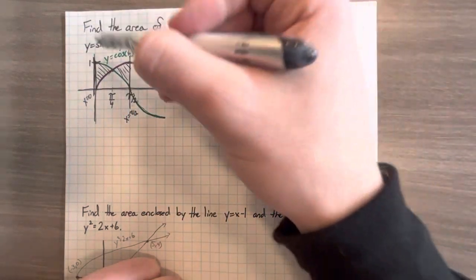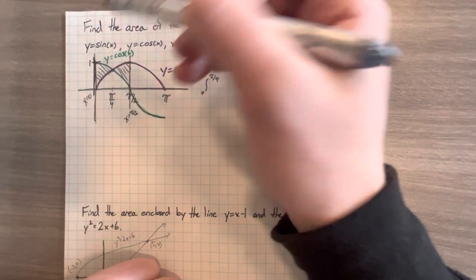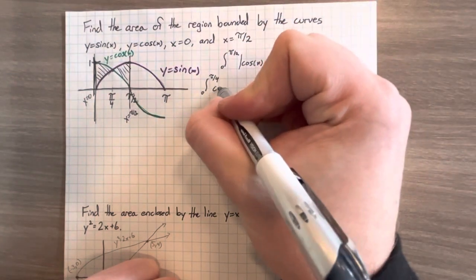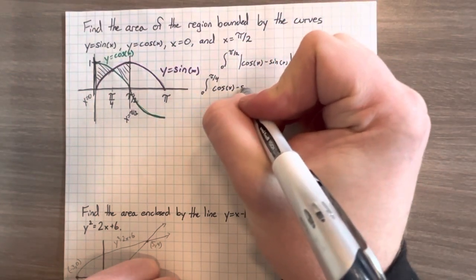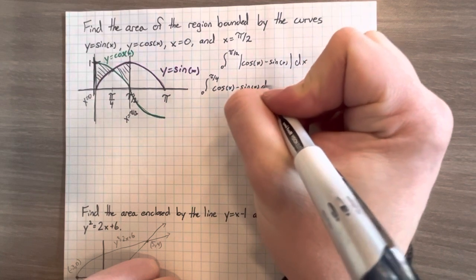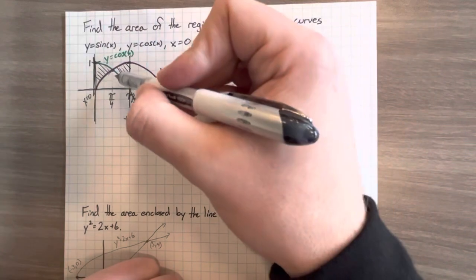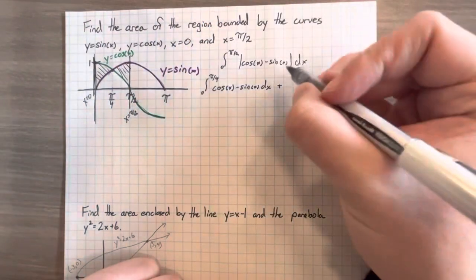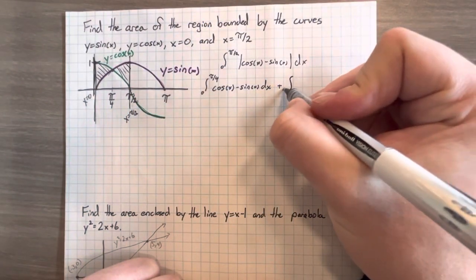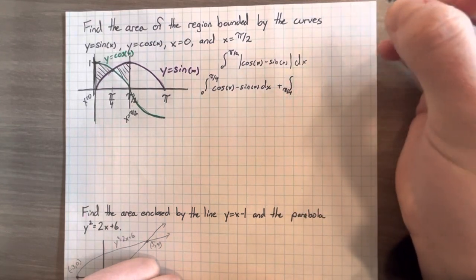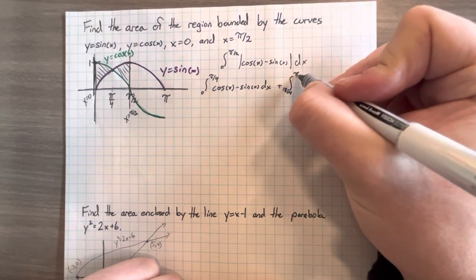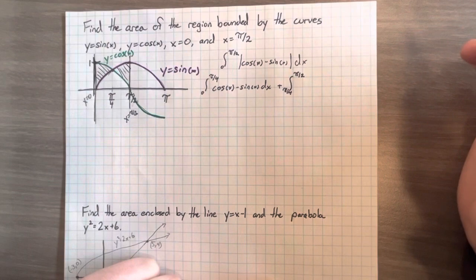And on here, for this first area, notice green's on top, purple's on bottom. So that's going to be cosine of x minus sine of x. We're going to add to that this second area, the second interval here, which is from pi over 4 up to pi over 2.